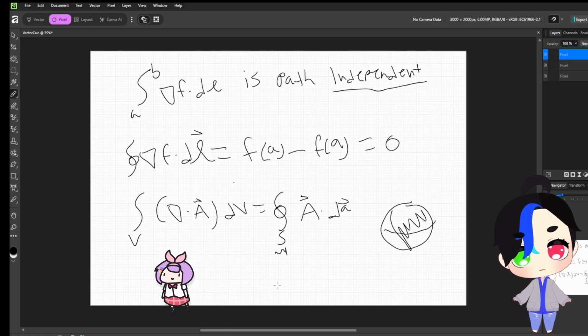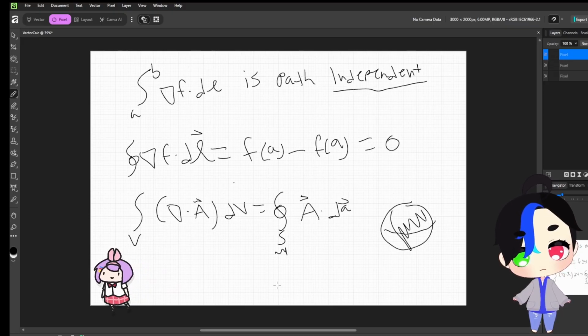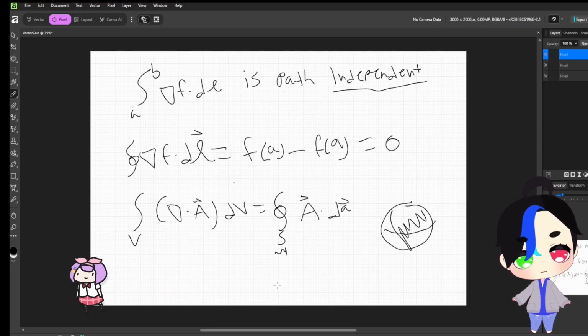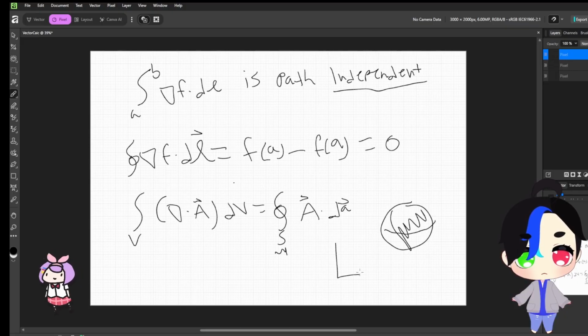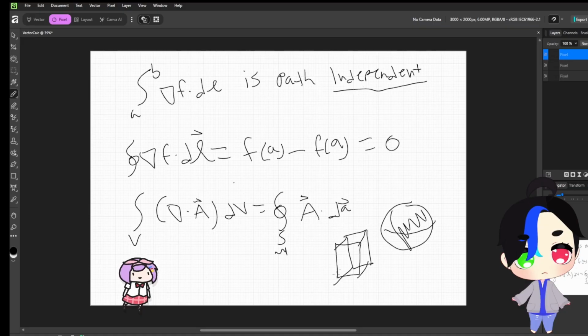So technically speaking, this is why I say the edge trick for determining whether a surface is closed is kind of a rule of thumb, because the surface of a cube is in fact closed. So if you have a surface area defined by the boundary of a volume, that is closed.